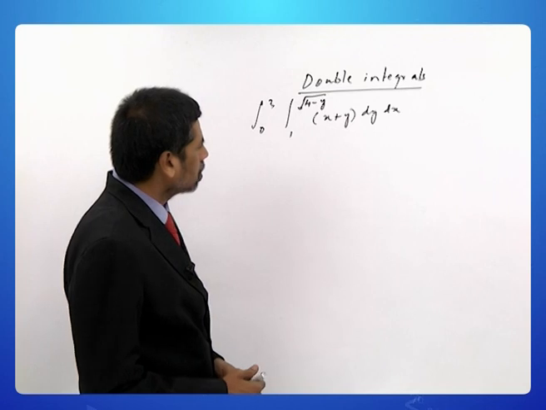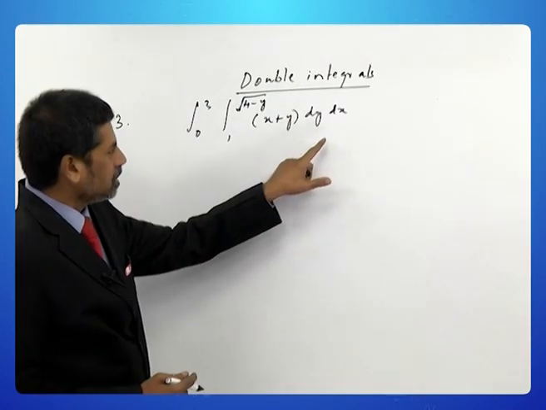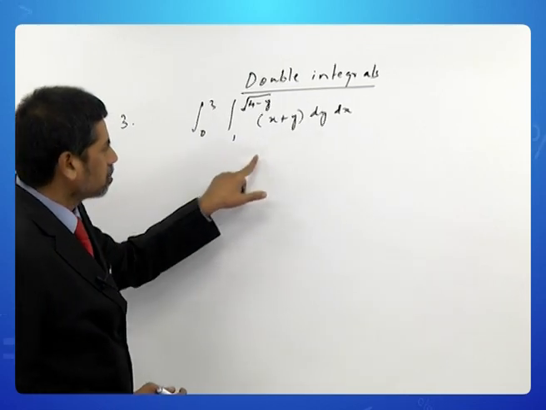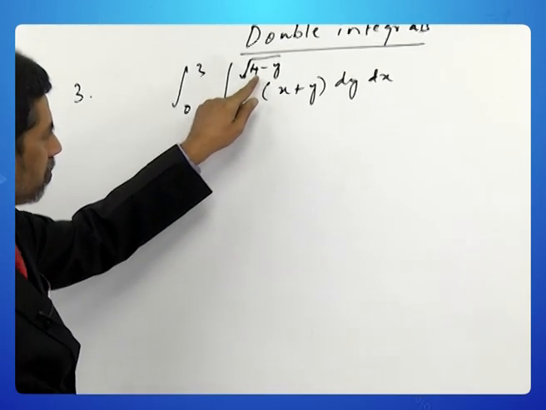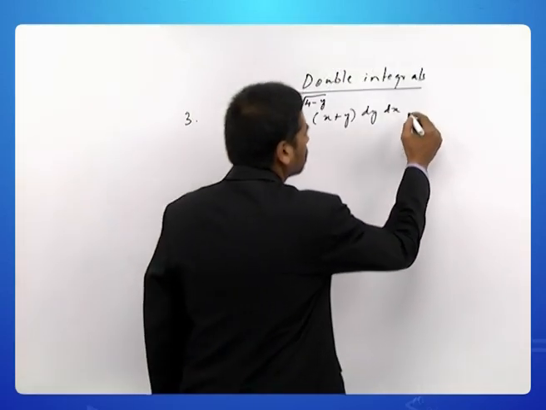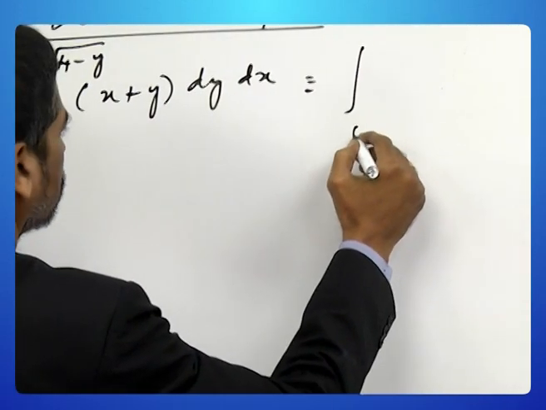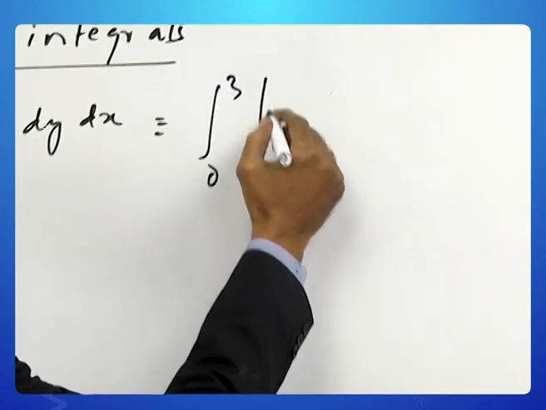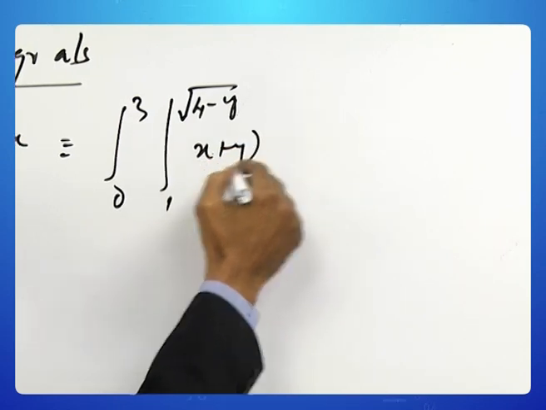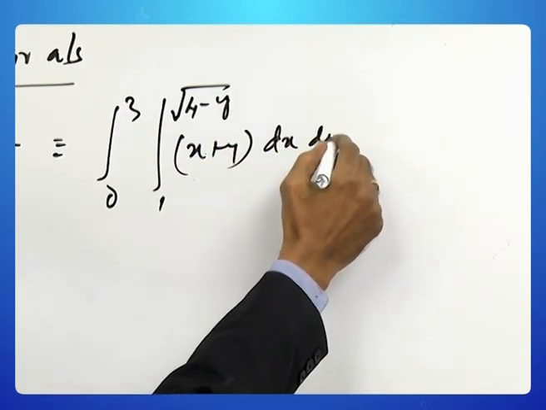The first observation is that the order dy dx given is not correct. You'll have to first make it dx dy because you've got functions of y in the inner integral. So we must first change that to x plus y dx dy.